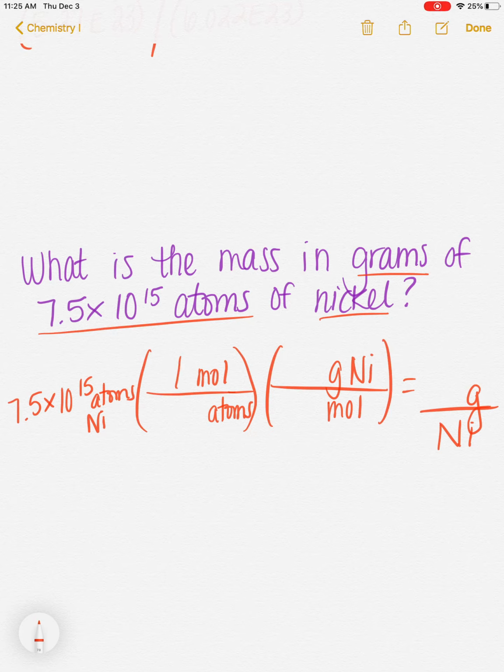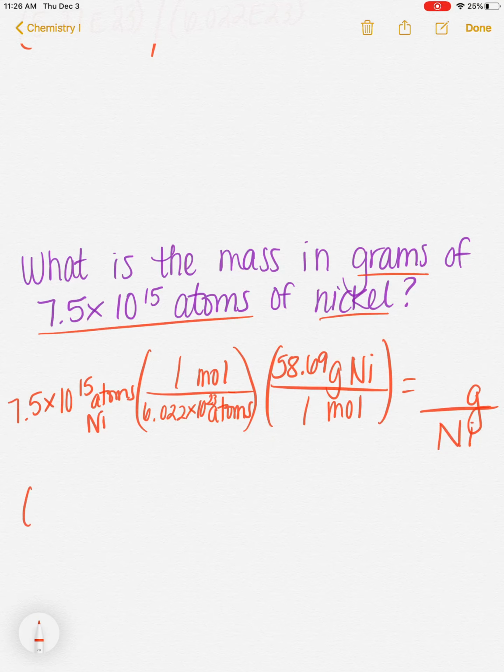Now, we always put a 1 on the side of the factor that has moles. To go from atoms to moles, we use Avogadro's number. And then to go from moles to grams, you have to consult the periodic table. The periodic table says that there's a mass of 58.69 grams in every mole of nickel.